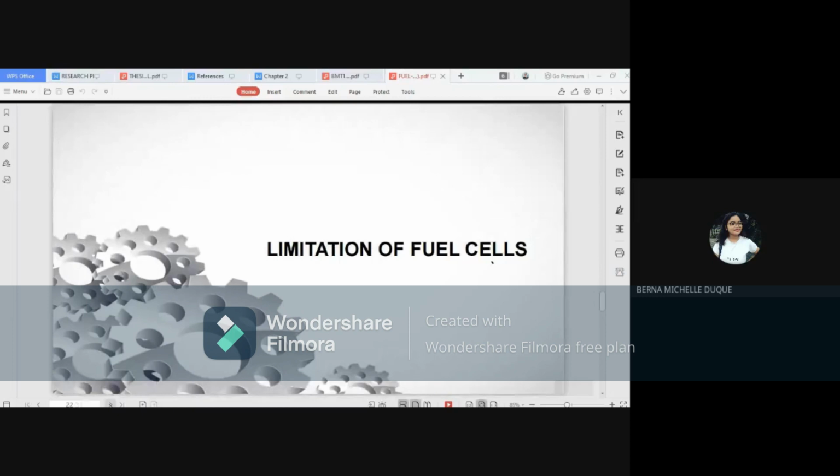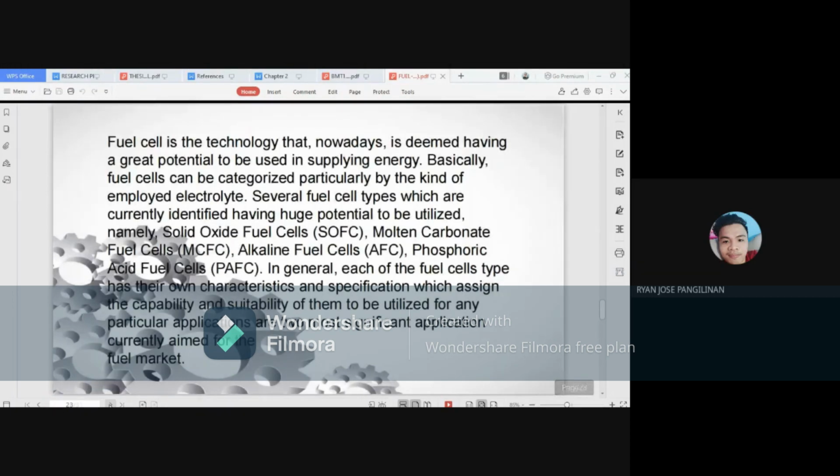So the next we are about to present is the limitation of fuel cells. Fuel cells are a technology that nowadays is deemed to have great potential to be used in supplying energy.